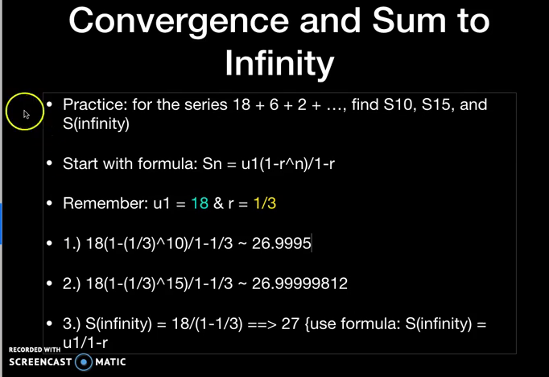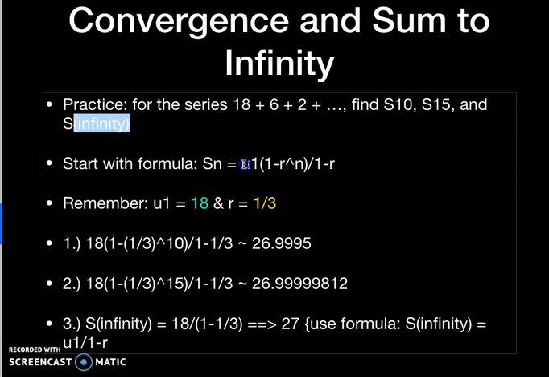And remember, just to recap, instead of infinity written, you'll see the infinity sign, which is a kind of sideways 8. But my computer wouldn't let me put that in, so I have to just do it like this. Like I was saying, this is a 3-step problem because you have S10, S15, and S to infinity.